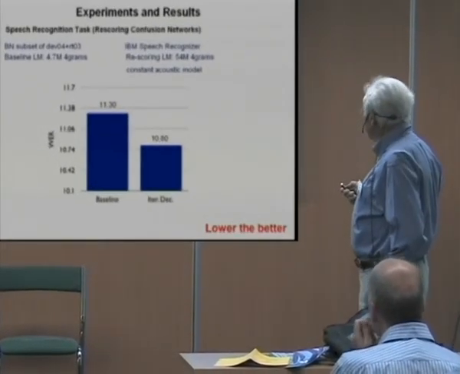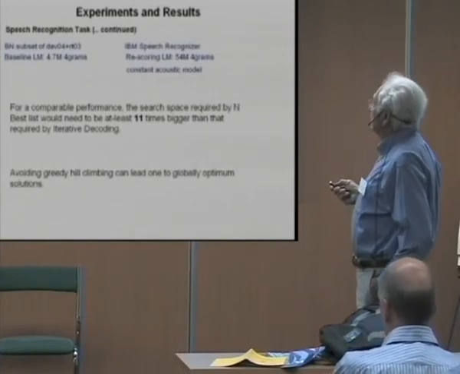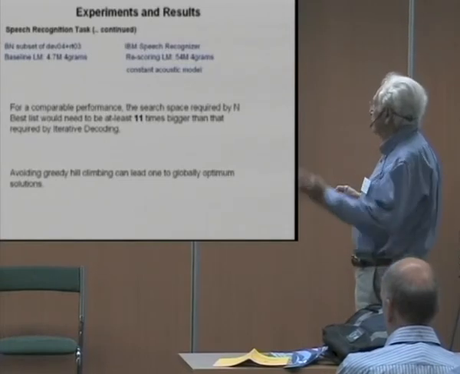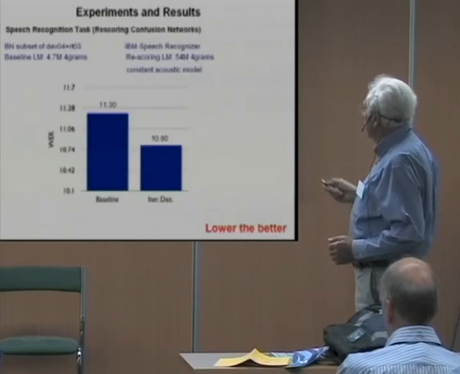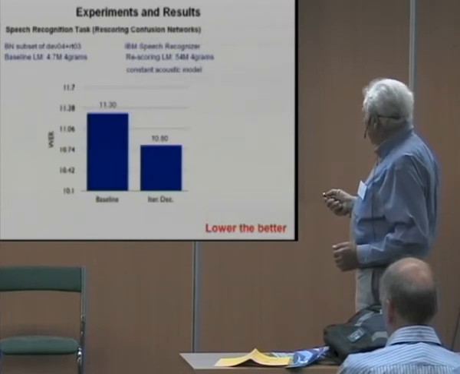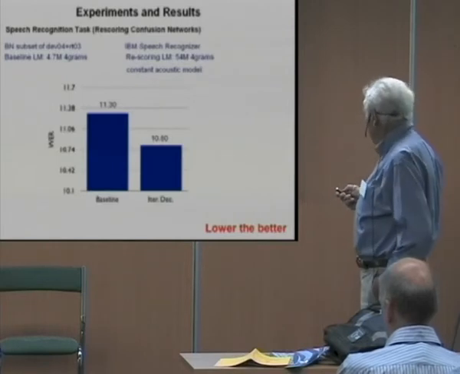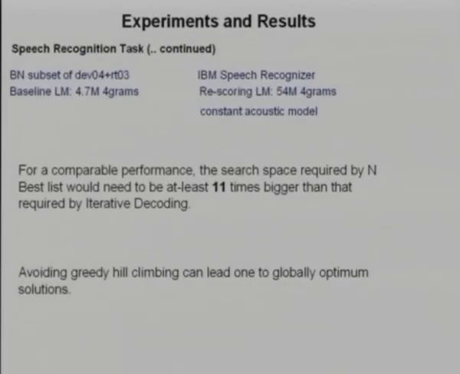It turns out that the amount of work that you have to do to compare this list and achieve the result that I am showing over here is 11 times higher than what iterative decoding gives you.